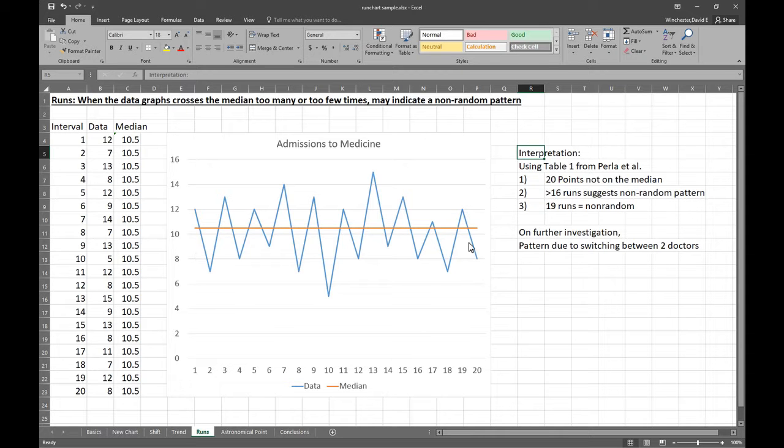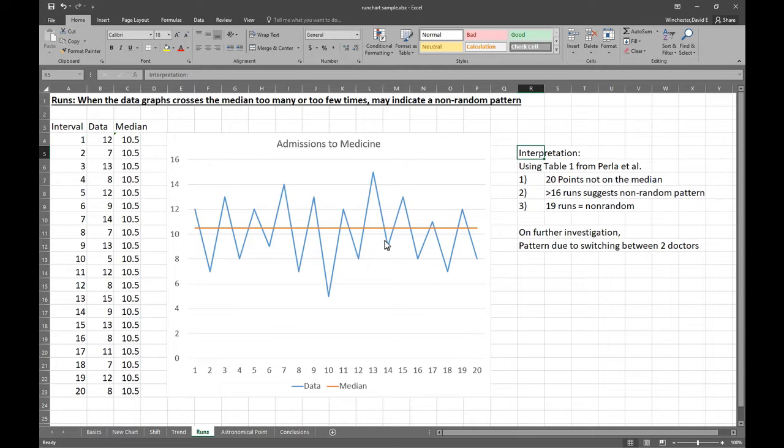So the example that I've given you here is we're going back to admissions to medicine from the ER here. And so if we look at our data, you can see that, like with the others, you have a back and forth across this median here. You'll note that there's no shift, there's no trend. These stay the same across all 20 data observations that we have.